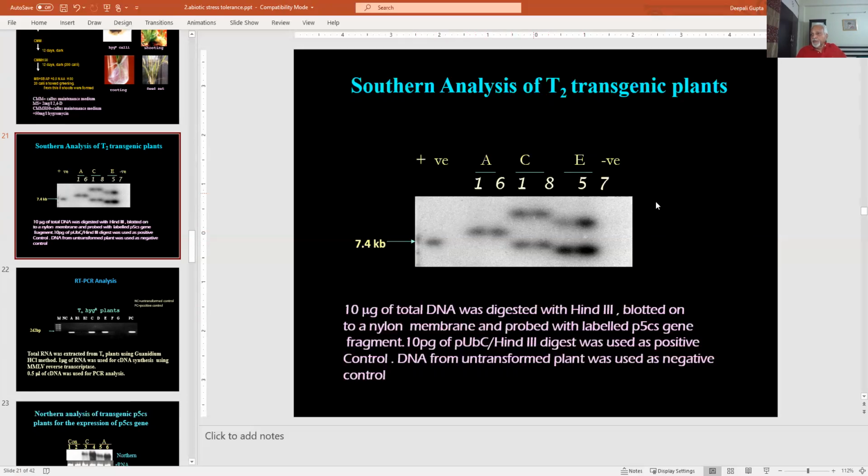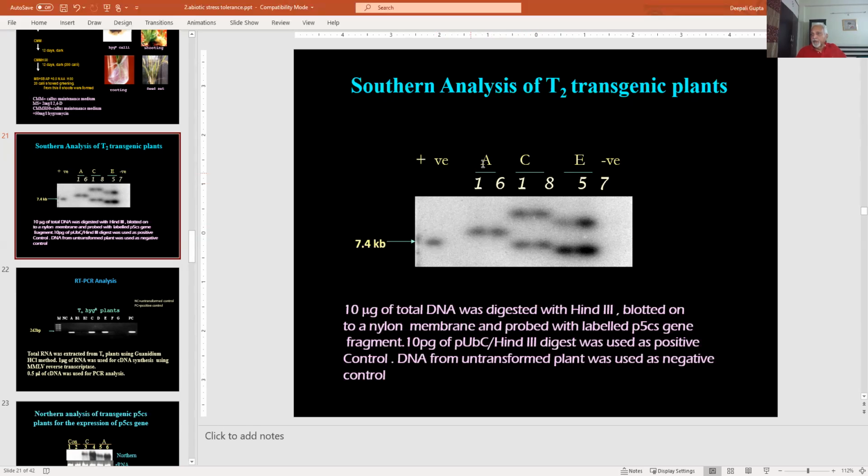What you see here is that this probe is hybridizing to the genomic fragments, indicating that the gene has gone into the DNA and it has been integrated.